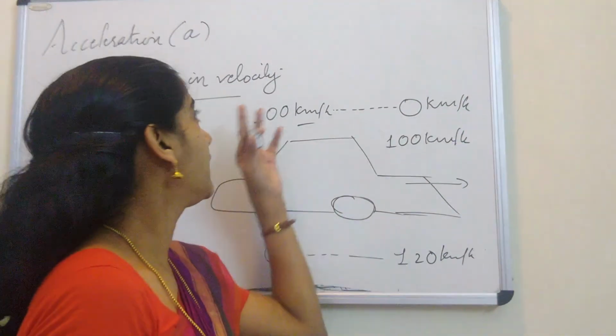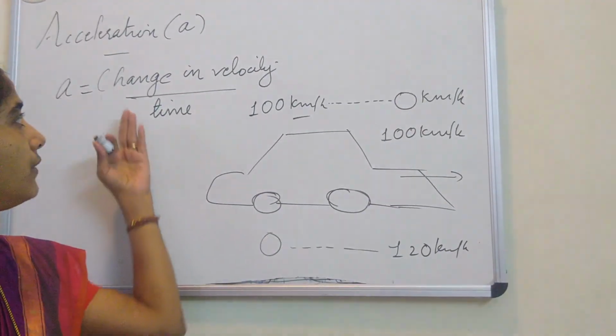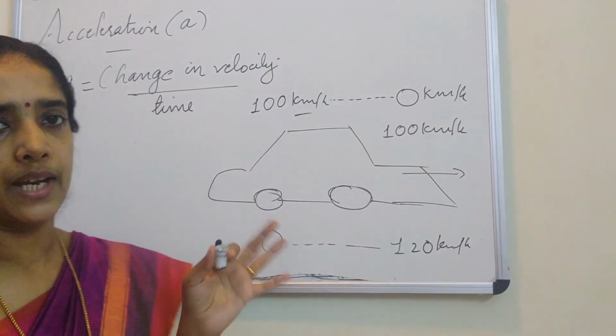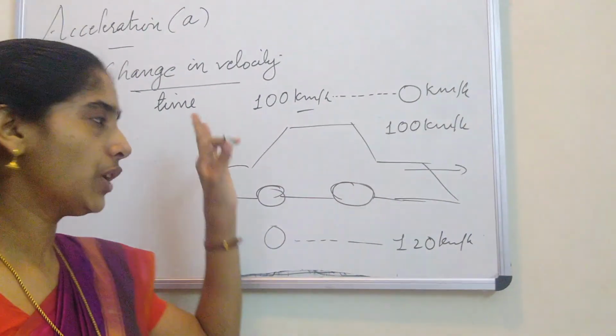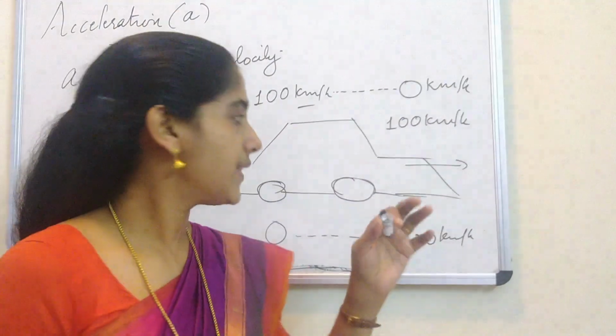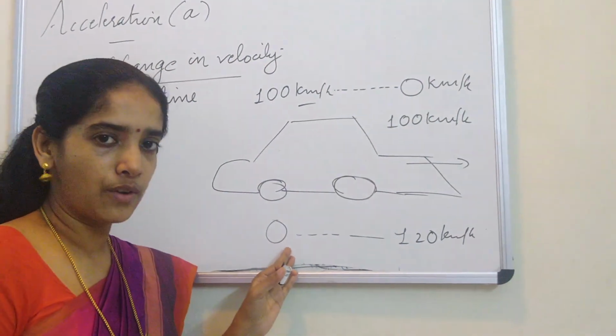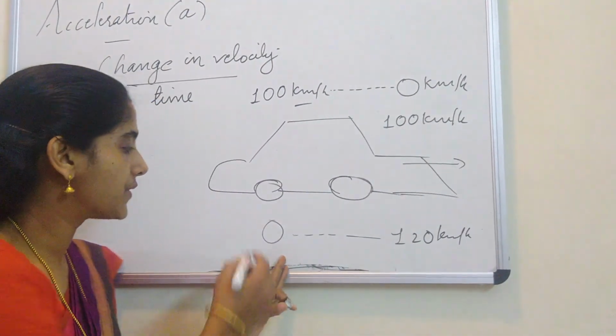Now, how to write this? We have a symbol for acceleration, and in the same way we write symbols for velocity and time. Time we take as a small t. For change in velocity, let us look at this case. When we start our motion, our velocity is 0.